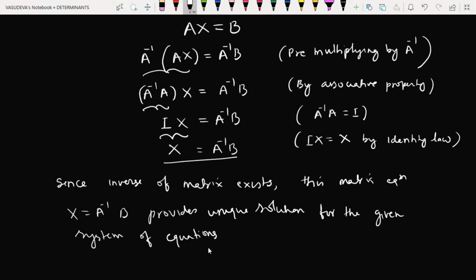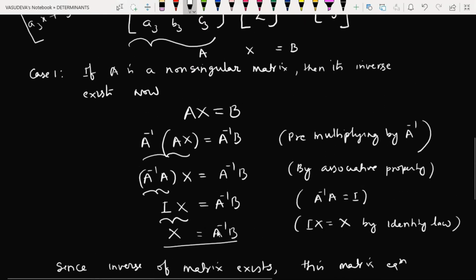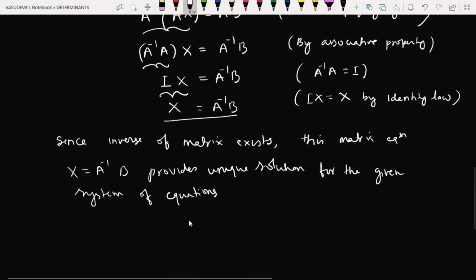So, this is when A is a non-singular matrix. When it is non-singular means when the determinant of A is not equal to 0.